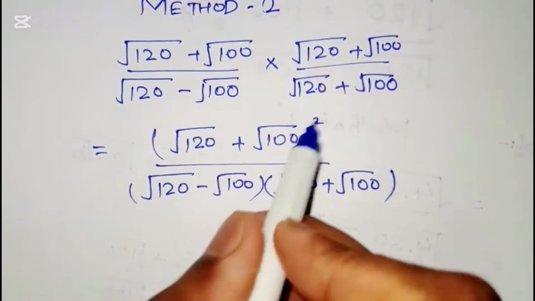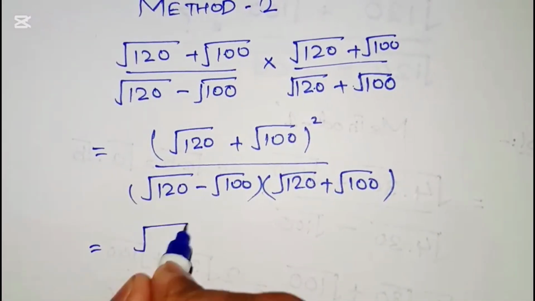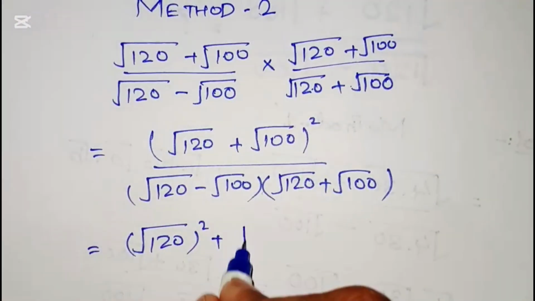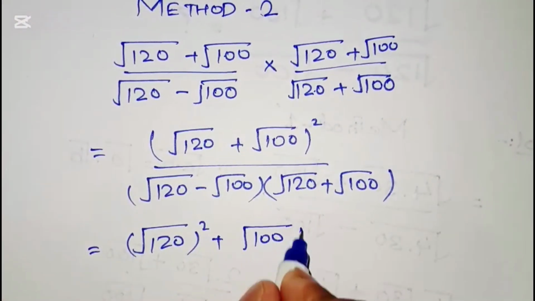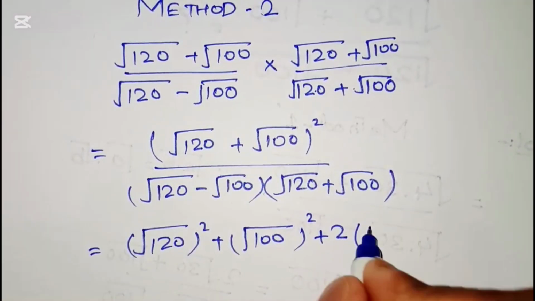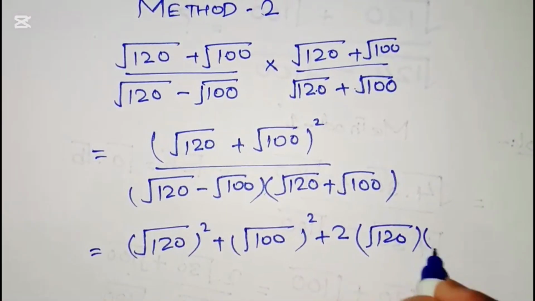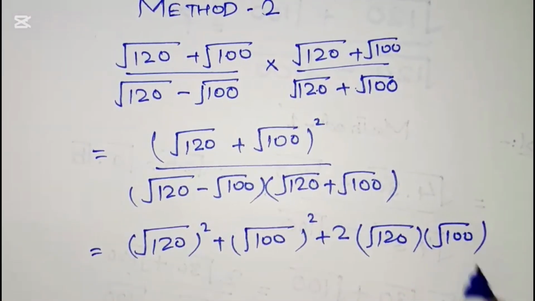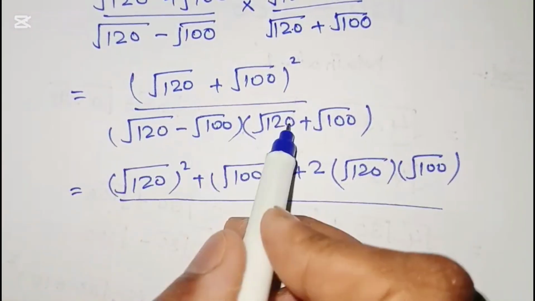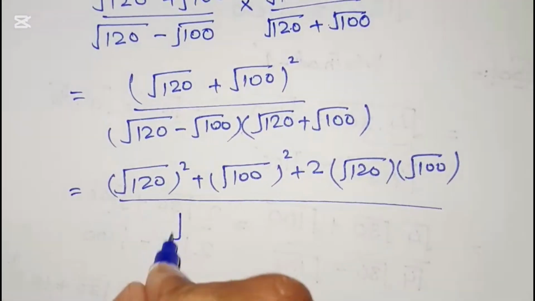Now the numerator is a plus b times a plus b, which means a plus b whole square. The denominator is a minus b times a plus b, that is square root of 120 minus square root of 100 times square root of 120 plus square root of 100. The numerator is a square plus b square plus 2 into a into b. The denominator is a square minus b square.